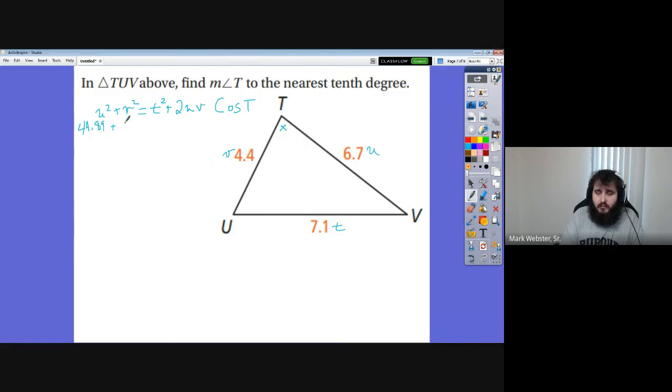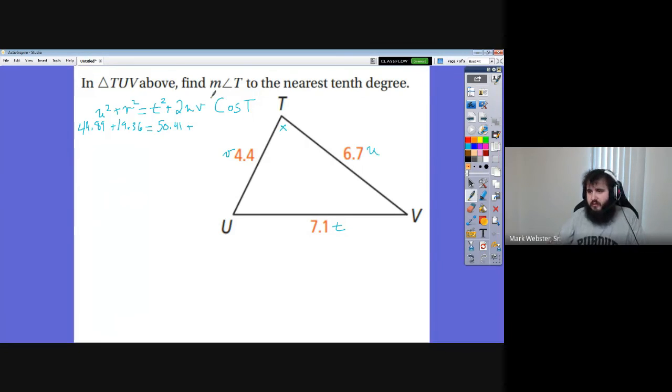V is 4.4, so V squared is 19.36. Oh, T is 7.1. What am I saying? T is 7.1, so that's 50.41 because we're squaring it.